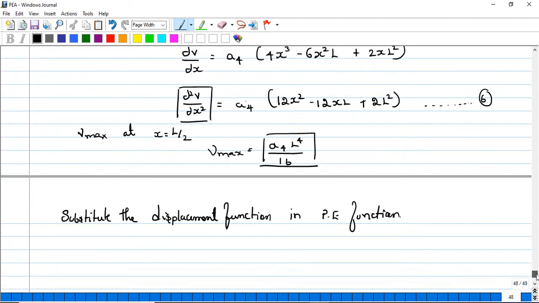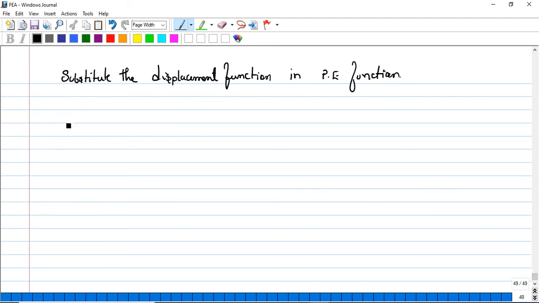So when I do that, potential energy is equal to EI by 2, integral 0 to L. Here in the actual equation it was ∂²v/∂x² whole square.